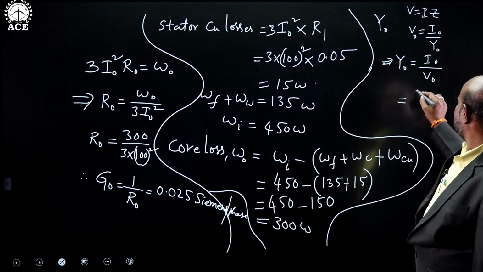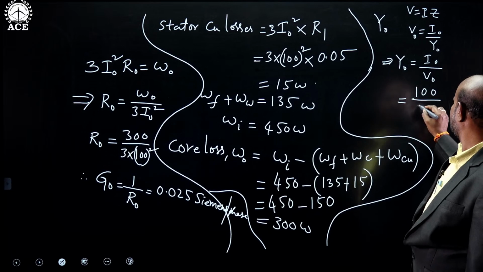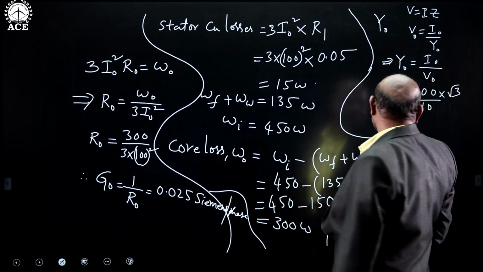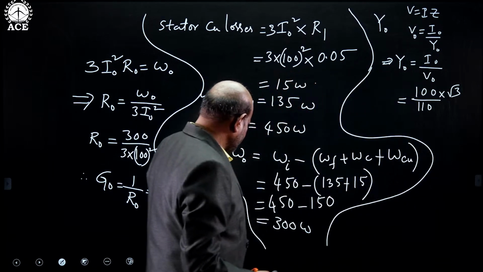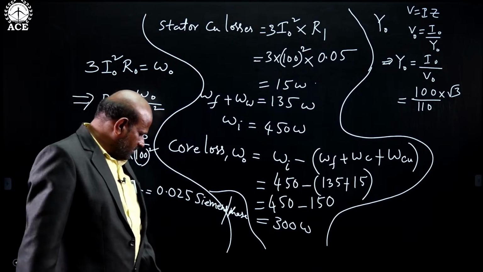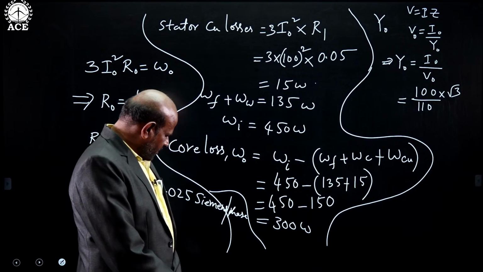So I naught is 10, V naught per phase voltage 110 by root 3, is going to be Y naught. How much? Just calculate and tell. 0.158.